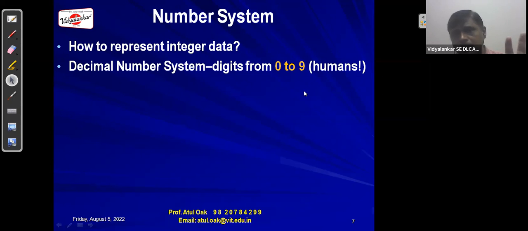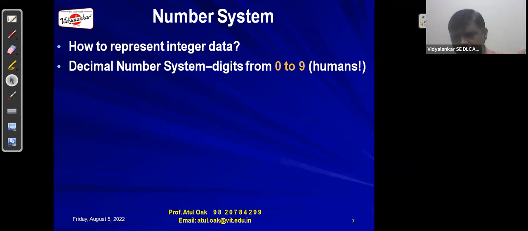By combination of these digits 0 to 9, I represent any integer data. It can be 99, it can be 777, or it can be 555, or 123. So for humans, when we talk integer data, we always talk digits 0 to 9. That is 10 symbols, 10 digits. That is the decimal number system. Everybody knows.